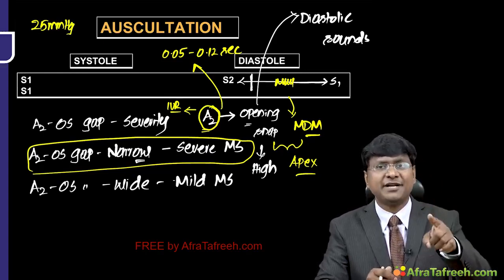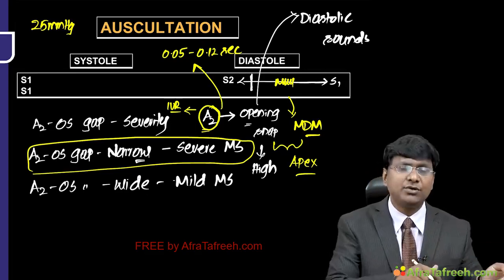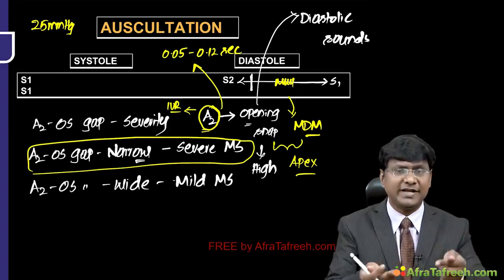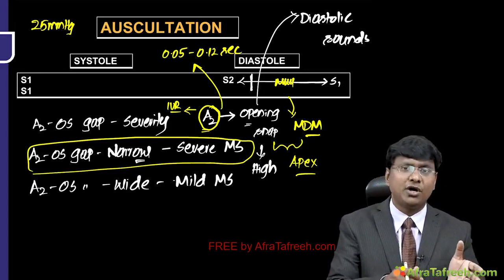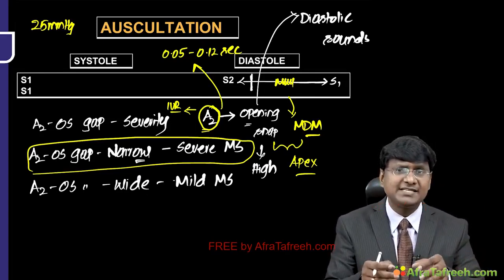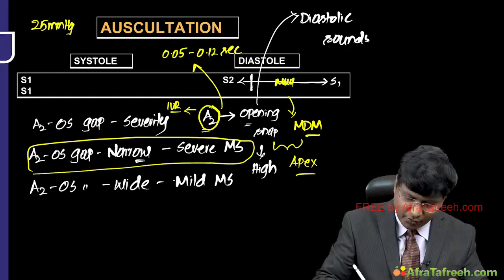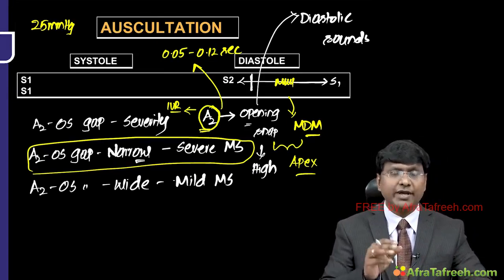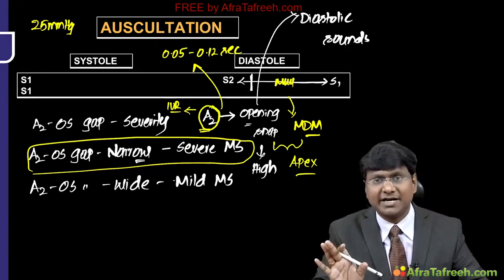Because of its very high pressure, the mitral valve opens earlier compared to normal. So the opening snap you hear in very severe mitral stenosis will be very near to your A2. So the A2-OS gap will decide the severity. Narrower is the gap, severe is your mitral stenosis.